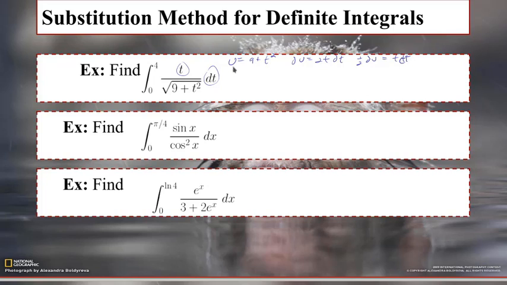All right, but now what I need is to figure out what my new bounds of integration are. So u of 4 is 25, and u of 0 is 9. So that means my new integral goes from 9 to 25, and I have 1 over the square root of u du, and then not to forget about that 1/2, I'll throw that out front.